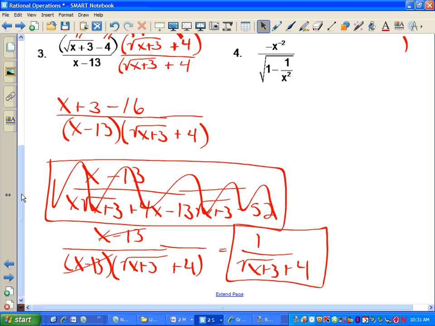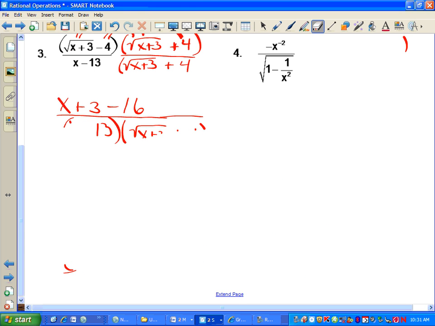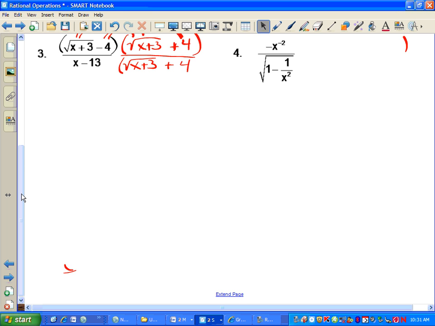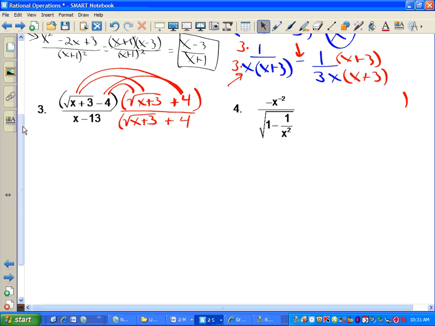Last one would be on this one. This one's, again, a little bit odd, something you wouldn't think of. What we want to do on this one is make sure you understand right here that negative exponent can be moved to the denominator.